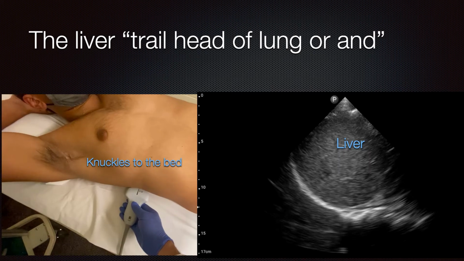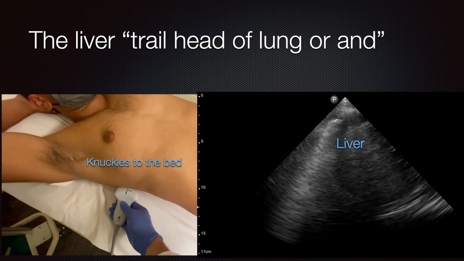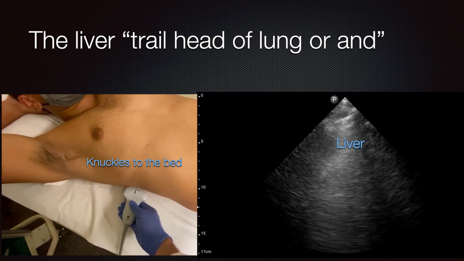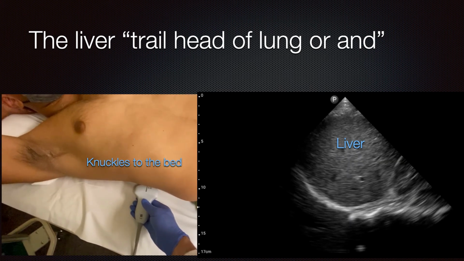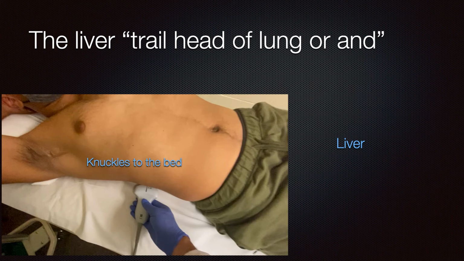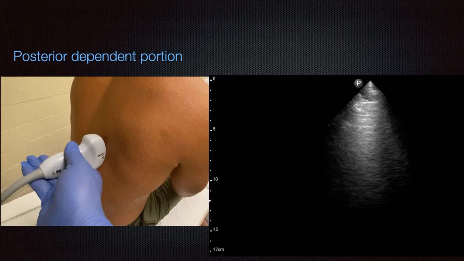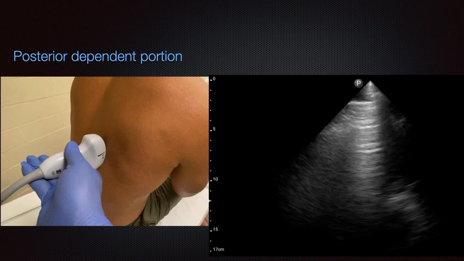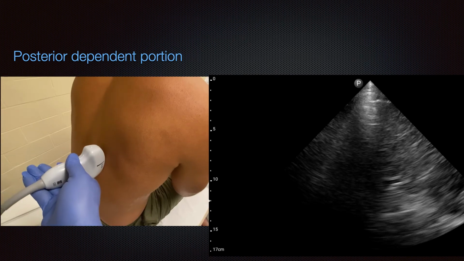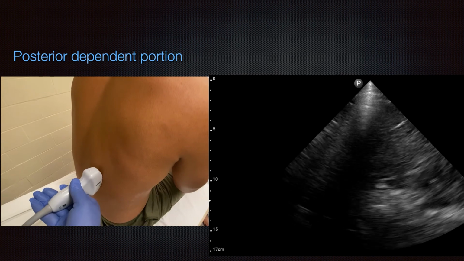If the patient's just lying in bed, a good way to look down at the base of the lung is to have their arms up like they're lying on a beach. Keep your knuckles to the bed in the most dependent portion, because this is where the fluid is going to go. But again, you can sit them up, like this example, and scan throughout the lung, up and down.